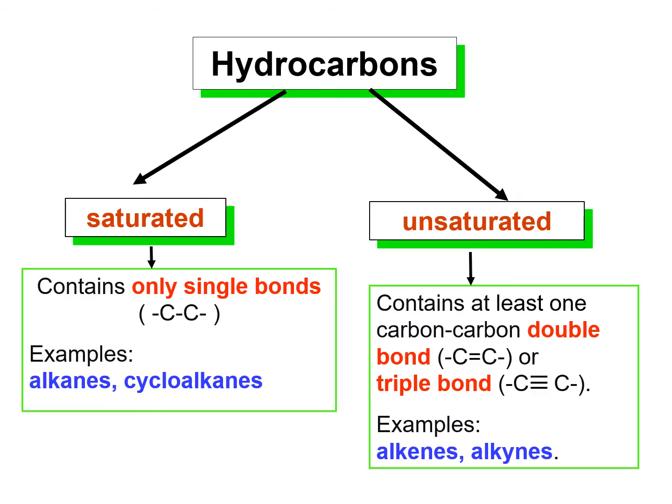Let's focus on hydrocarbons, which are organic compounds. Hydrocarbons can be divided into saturated hydrocarbon and unsaturated hydrocarbon. Saturated hydrocarbon contains only single bonds, whereas unsaturated hydrocarbon contains at least one carbon-carbon double bond or carbon-carbon triple bond.